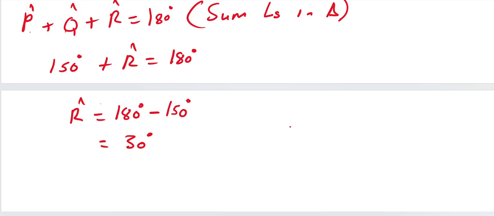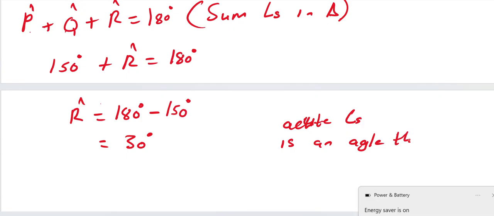First of all, they told us that our angle R must be an acute angle, and an acute angle is an angle that is less than 90 degrees. You know, we're not learning English. So this is our answer.